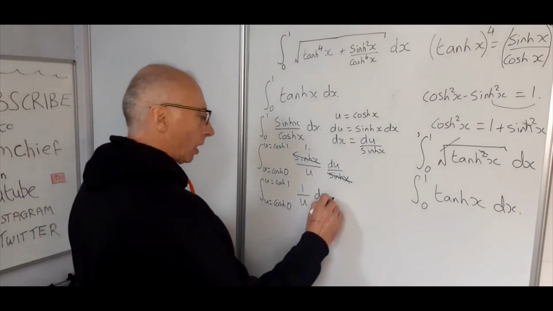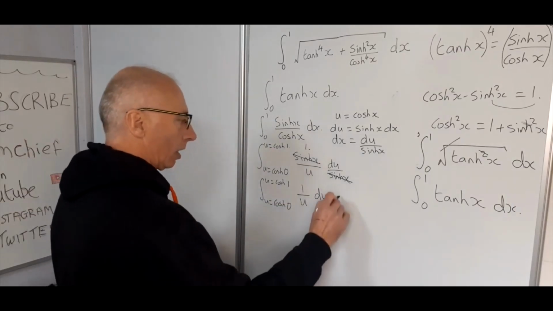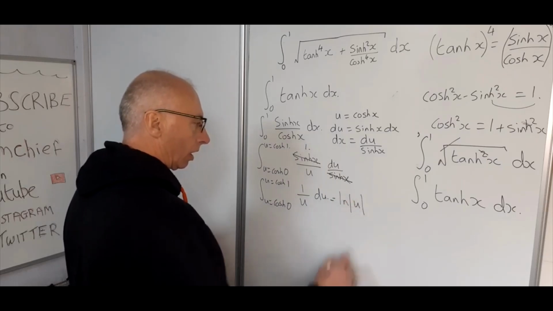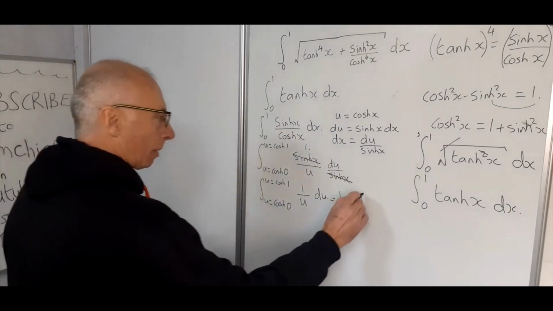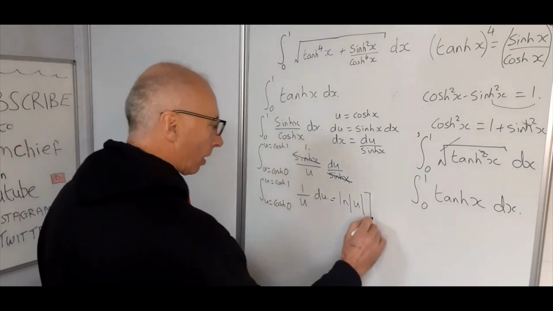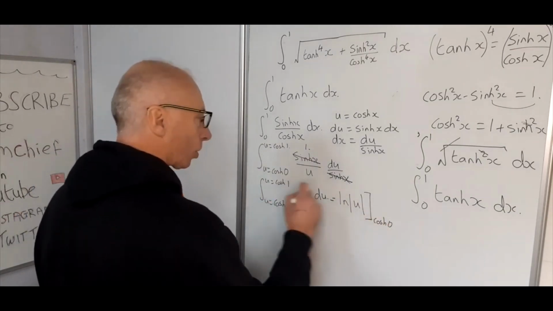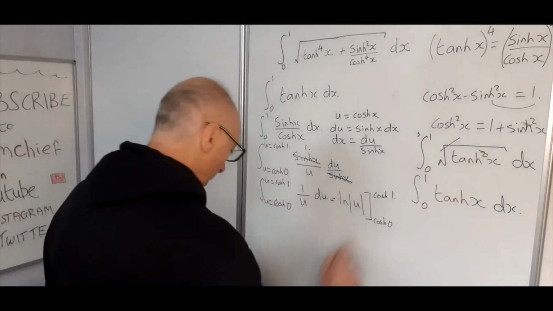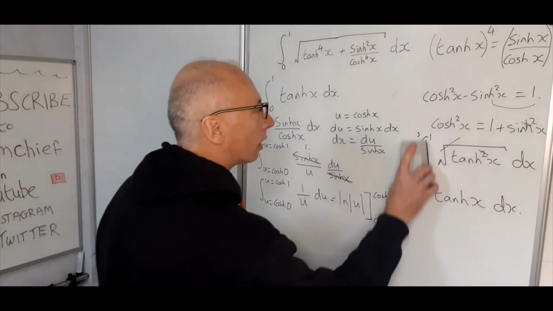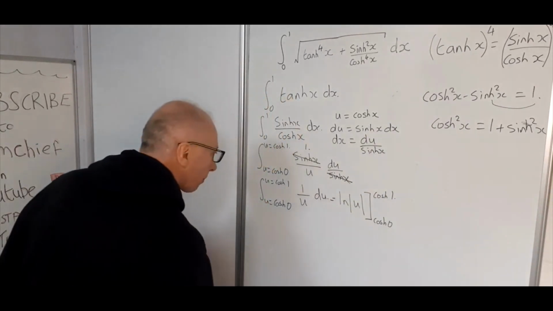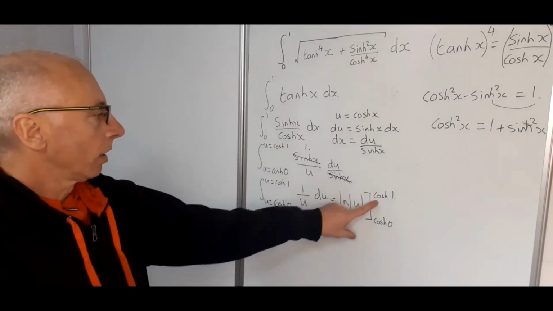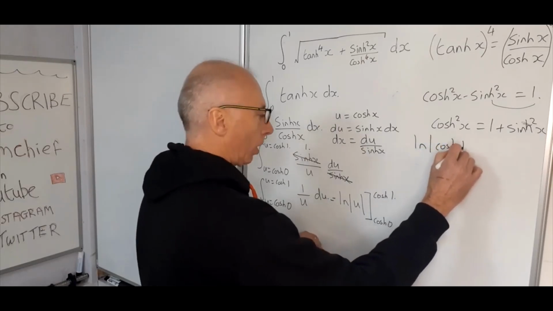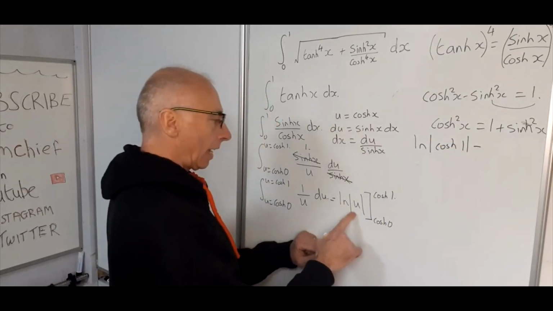So now we can just go natural log of u, and then our parameters are from cosh of 0 to cosh of 1. So plugging in, we've got ln cosh of 1 minus ln cosh of 0.